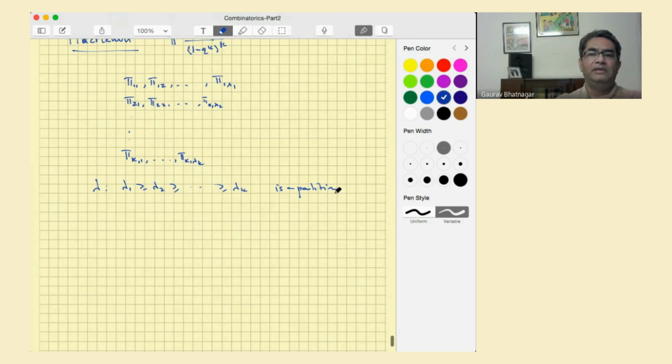And these numbers pi ij are placed in this tableau, and they are non-increasing in columns and rows.